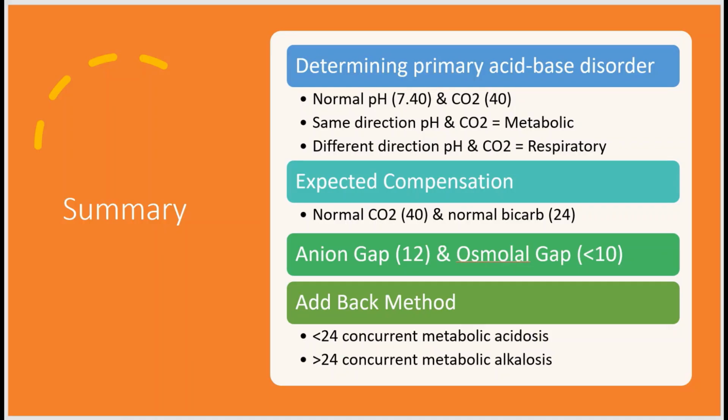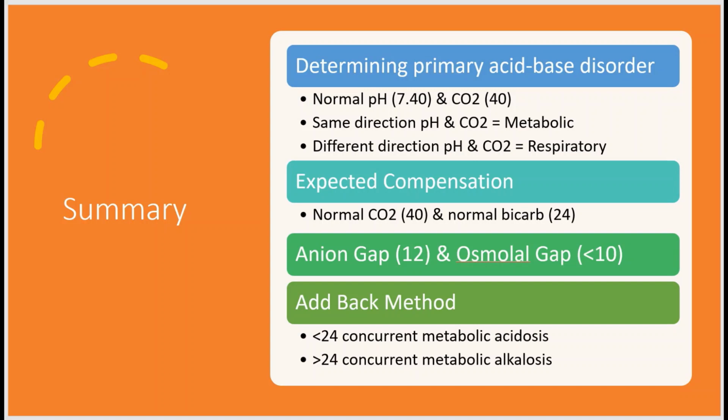In summary, today we spoke about determining the primary acid-base disorder. Remember, normal pH is 7.4 and CO2 is 40. If you have the same change in direction of pH and CO2, it's metabolic, and a change in different direction of pH and CO2, it's respiratory. We spoke about expected compensation.